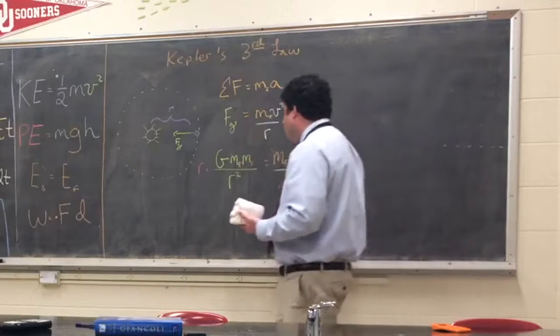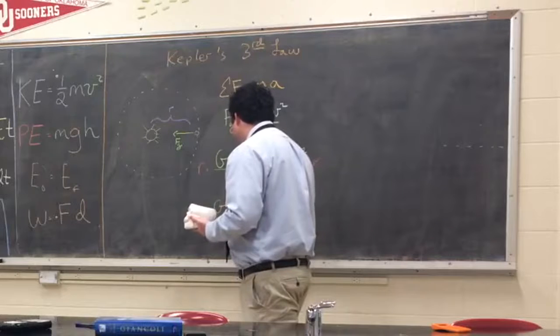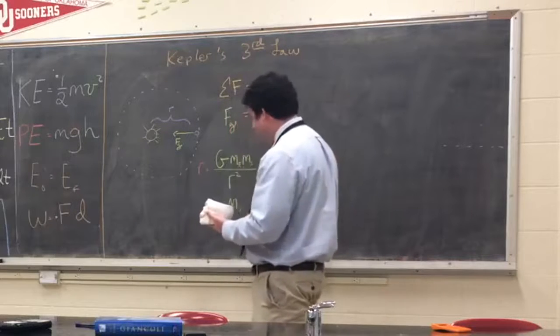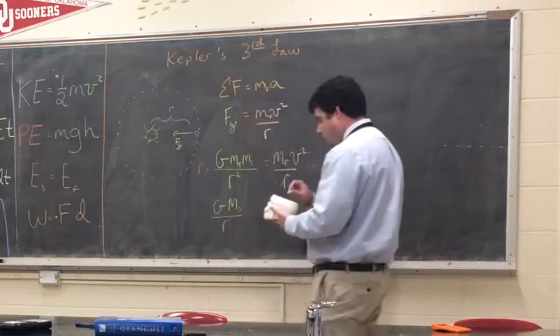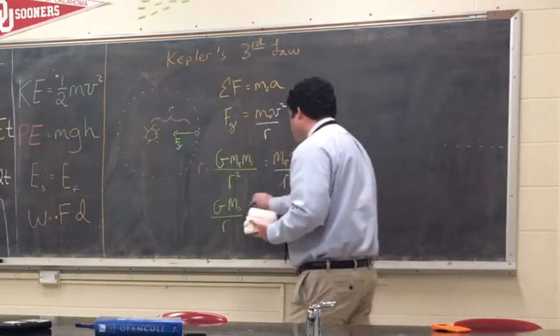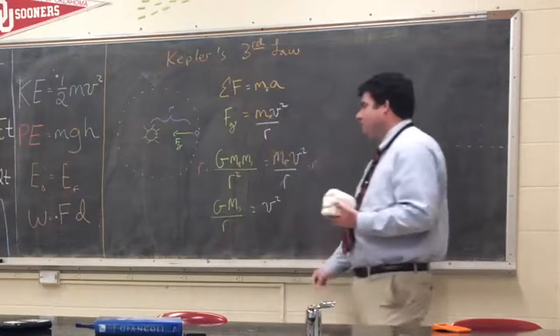So what we're left with now is G mass of the sun over R equals v squared.